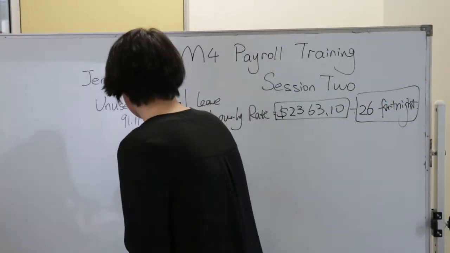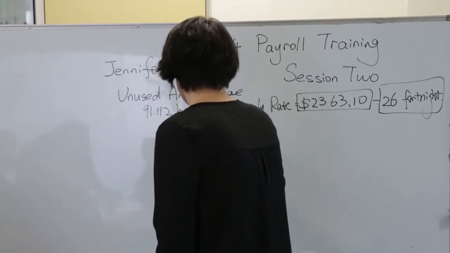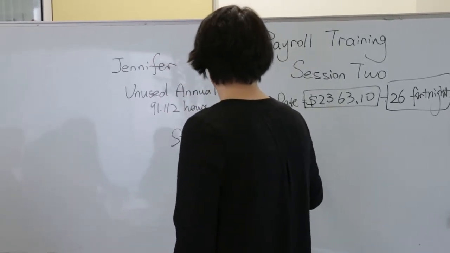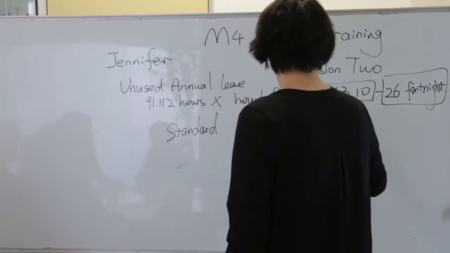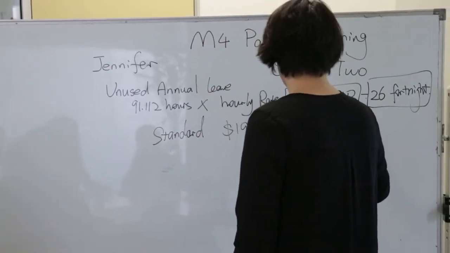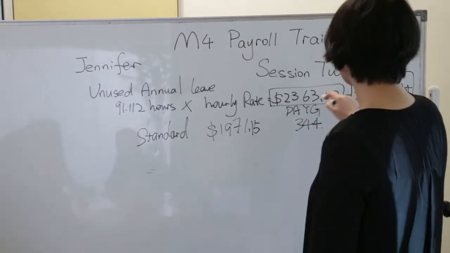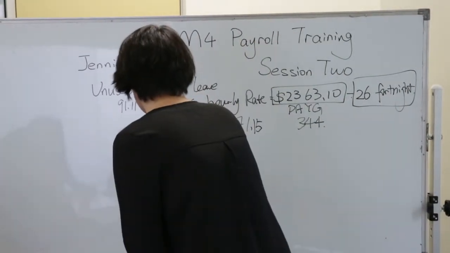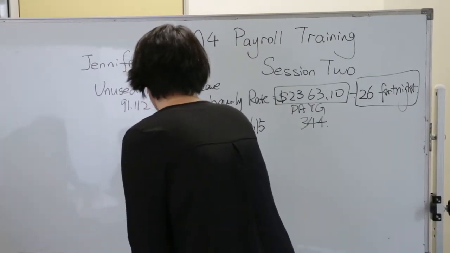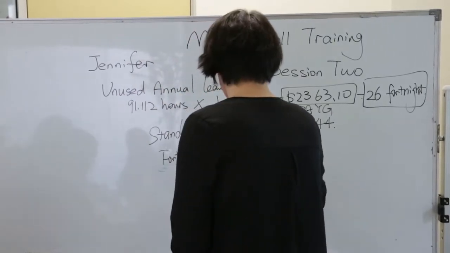And for a normal standard fortnight is 1971, and the PAYG is 344. And divide this number by 26, so we got the fortnight figure, which is 90.9.